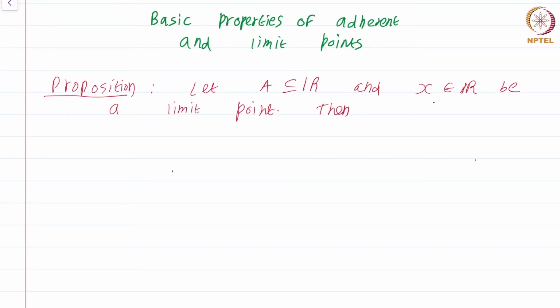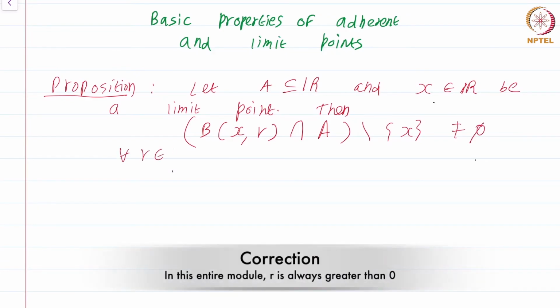Then B(x, r) intersect A set minus {x} is non-empty for all r in R.